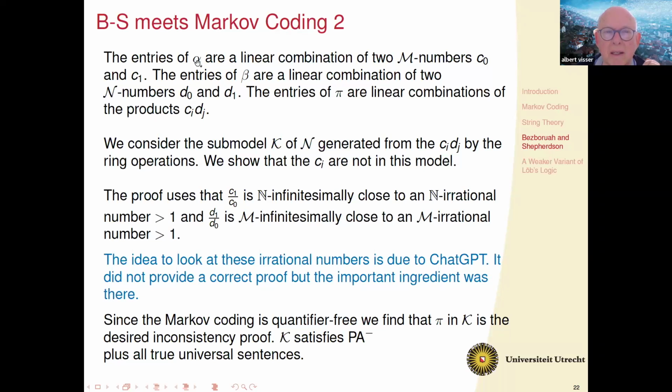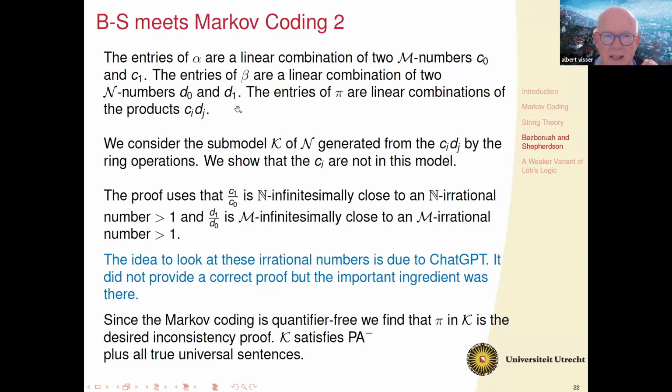Using some basic algebra, we can see that the entries of alpha are really linear combinations of two M numbers, C0 and C1. The entries of betas are linear combinations of two N numbers, D0 and D1. And the entries of pi are linear combinations of products of these numbers, right?